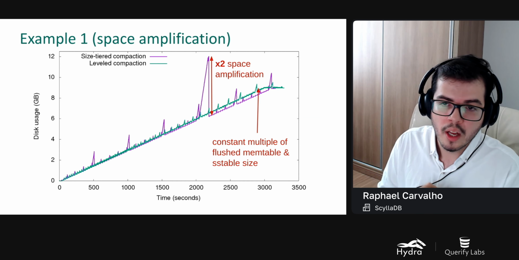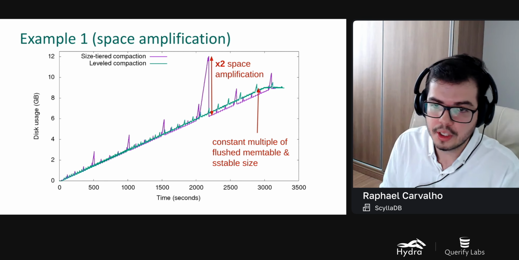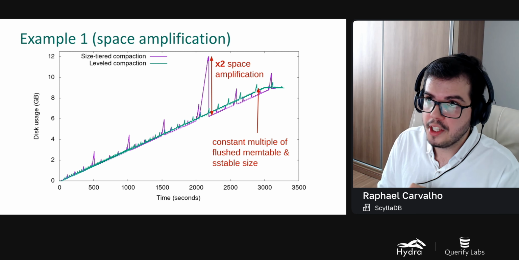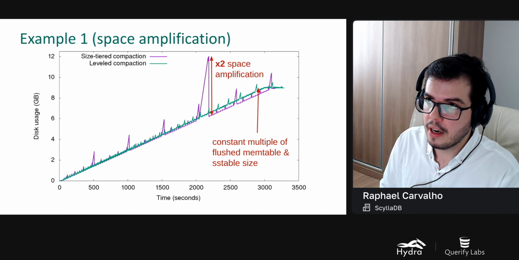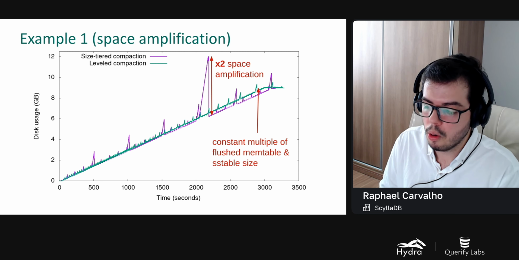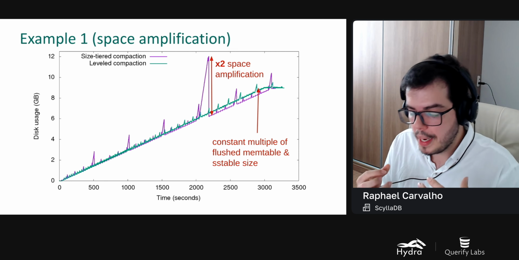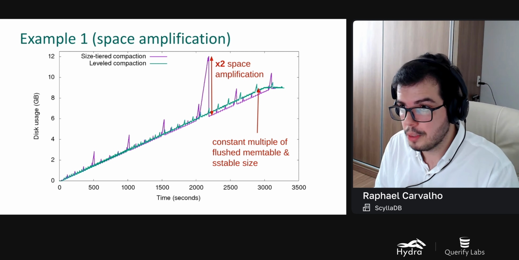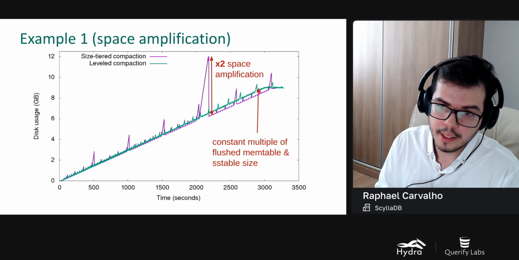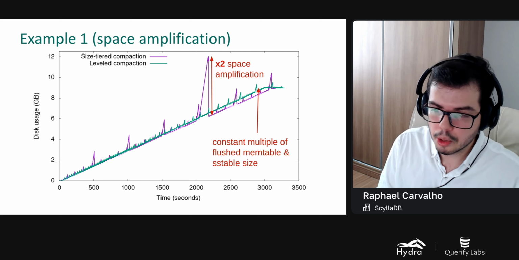So the space amplification with tiered policy is terrible, because if we are compacting 1 terabyte of data, then, even if there is no space amplification from duplication, the worst case amount of space needed for tiered compaction would be the size of the input data, because the output could be as large as the input size.